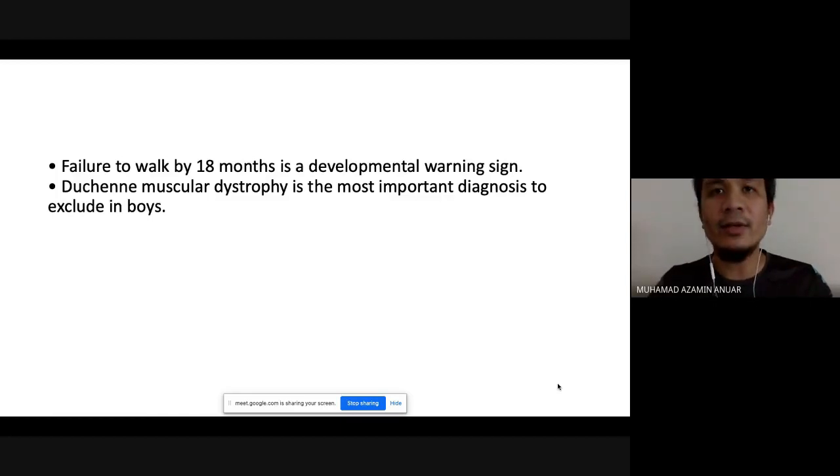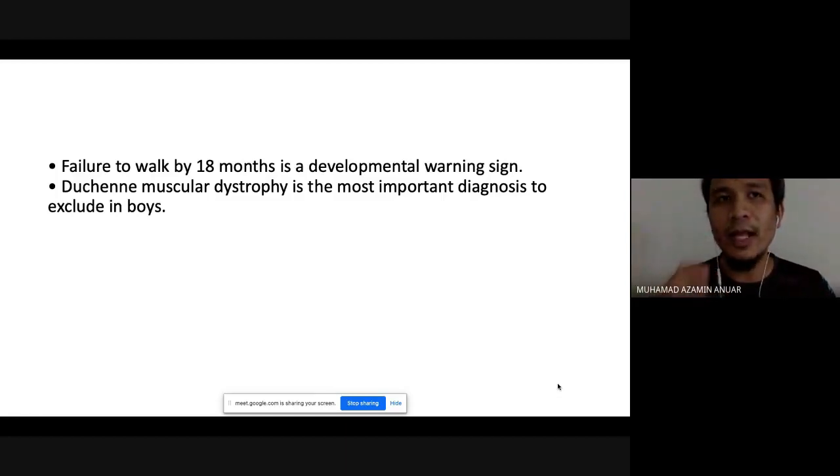The reason for that is because the sooner you start on steroids, the more you can in fact prolong their ability to walk. The steroid will reduce the inflammation of the muscles, because your muscle is constantly being destroyed, constantly breaking down.